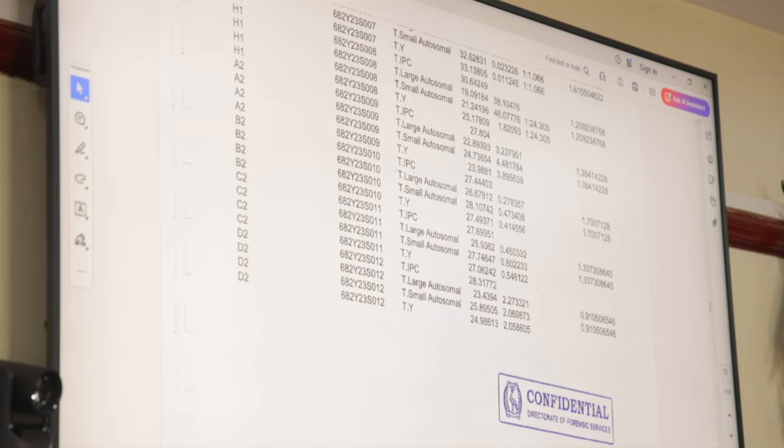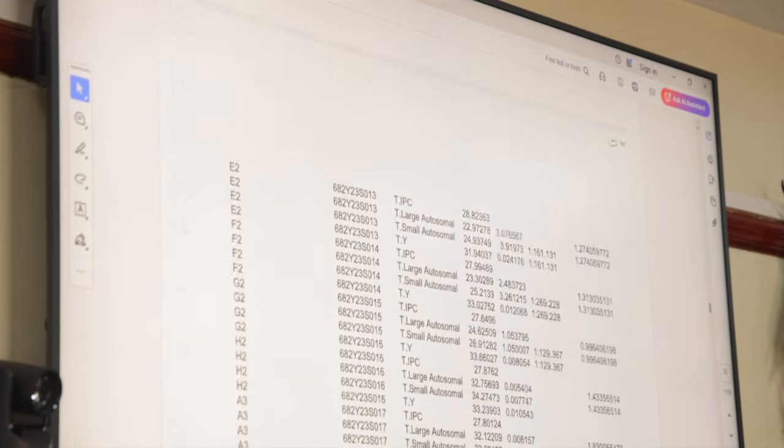Sample 11. Male. Sample 12. Male. Sample 16.